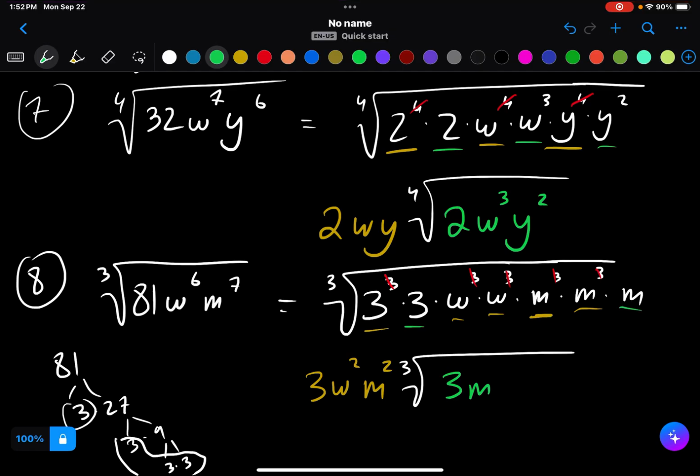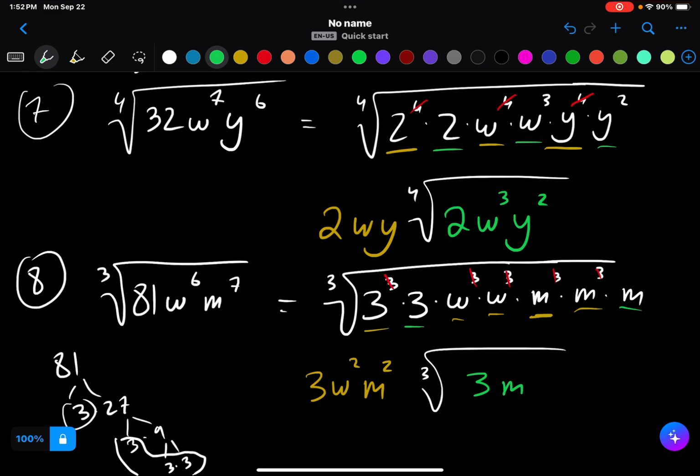There we go. So the only thing that stays behind, let me fix this so it looks a little neater, is the 3 and the m. That's it. That's the answer. So 3 w to the 2nd, m to the 2nd is on the outside, and 3 times m is on the inside of the radical power 3.